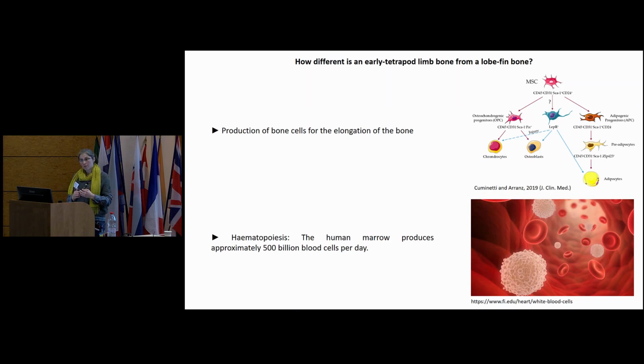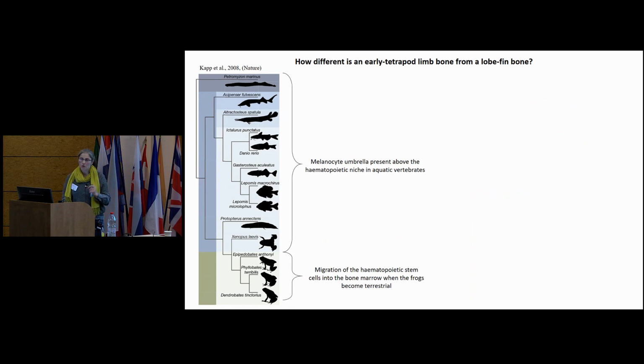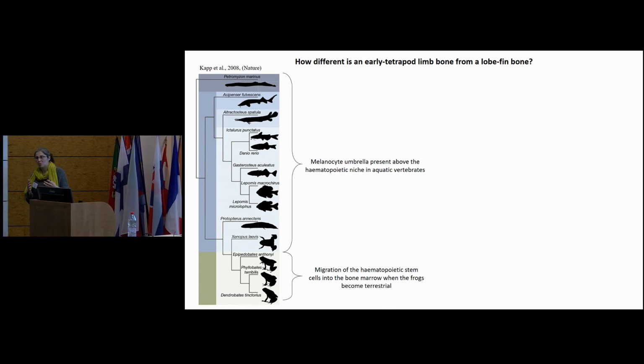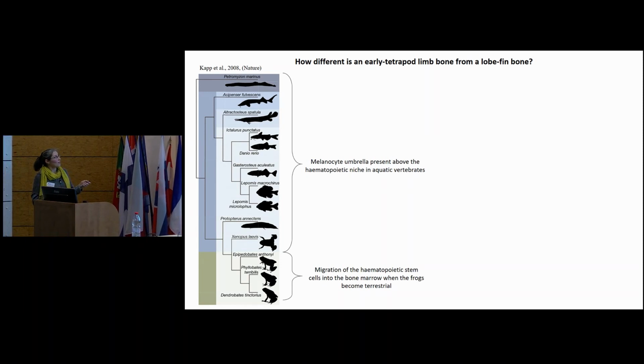And we have them in our bone marrow, and we saw these marrow processes in Eusthenopteron. And in 2008, Capel in Nature proposed a hypothesis. They investigated the blood cell production from the marrow in aquatic vertebrates, going from jawless vertebrates up to tetrapods.